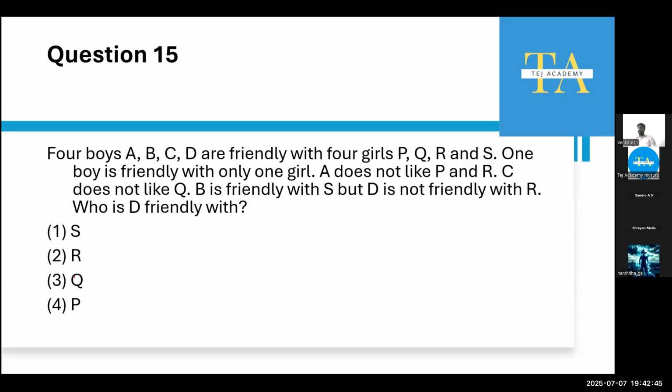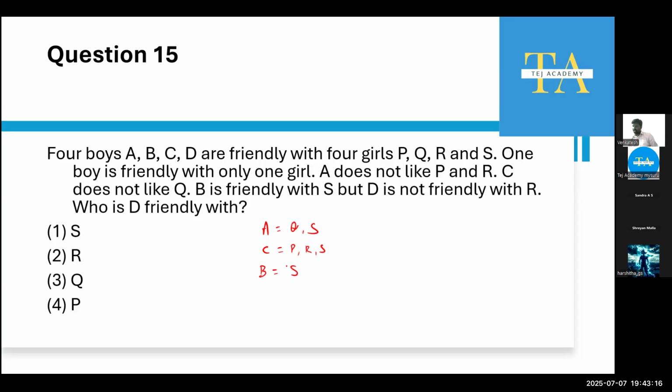A does not like P and R. So that means he likes only Q and S. And C does not like Q, so either he can like P or S. P or S. Okay, then B is friendly with S.